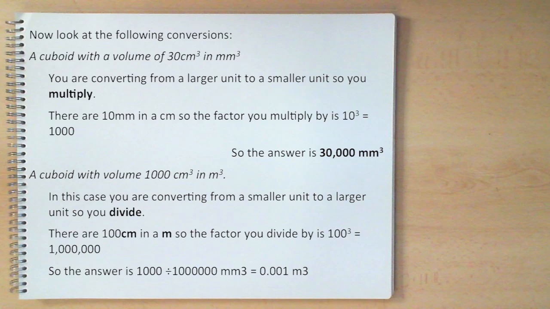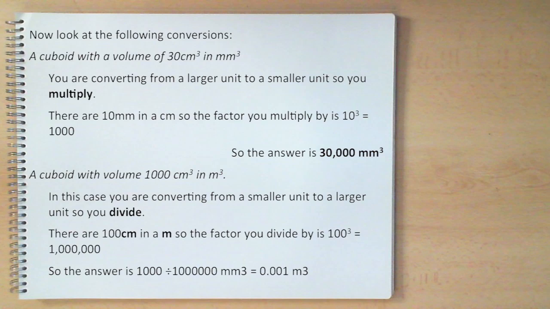You then need to be able to scale those up. So if you're converting for a volume from a length, then you need to be able to cube the conversion factor. So if there are 100 centimeters in a meter and you're converting a volume, then you need to do 100 cubed to get the conversion factor.